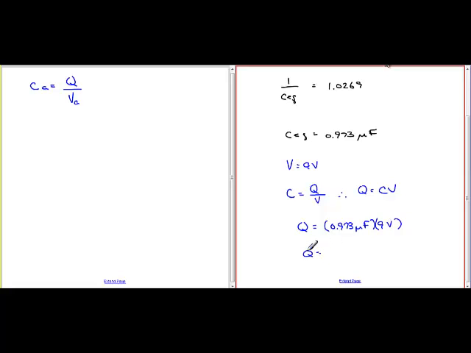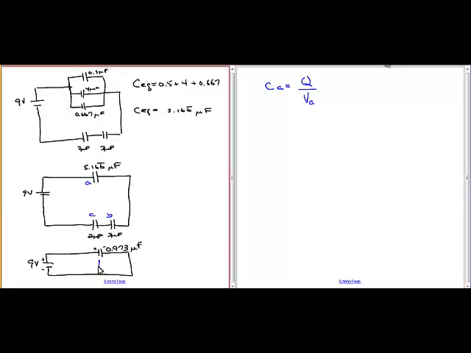So we get 0.973 e to the minus 6 times 9. So the total amount of charge across the last equivalent capacitance is 8.757 times 10 to the minus 6 coulombs. Okay, let's write that in. So the charge here is 8.757 times 10 to the minus 6 coulombs.